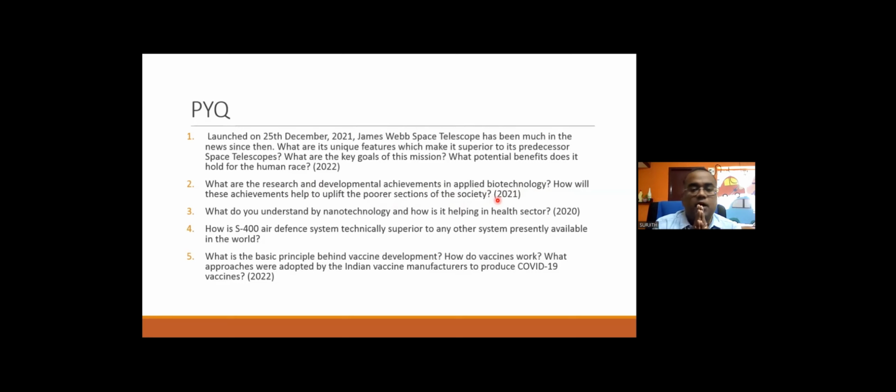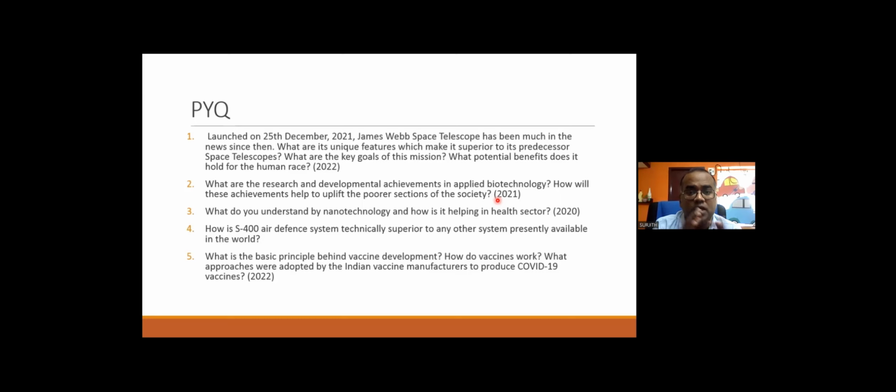This is also a static question because I have given you the content of biotechnology, in which I explained what biotechnology is. Then I touched on the applications of biotechnology in agriculture, health, industry, the marine sector, and the environment.